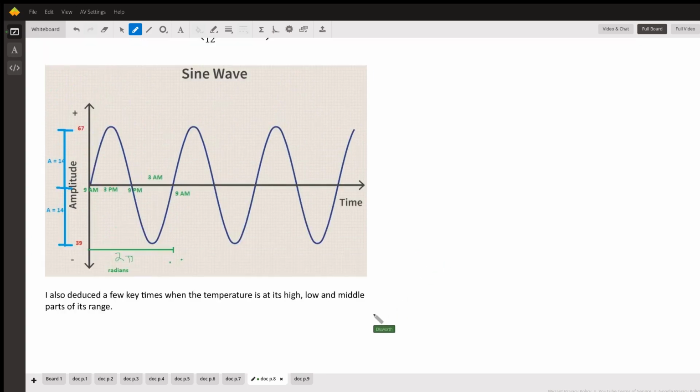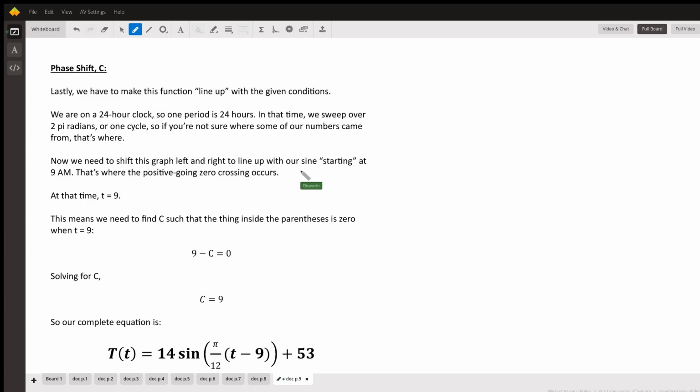Okay. Last part, phase shift. You gotta make everything line up. We're at 24-hour clock. So we sweep our 2 pi radians in 24 hours. Line everything up. Our 0 point is at t equals 9, based on a few calculations.